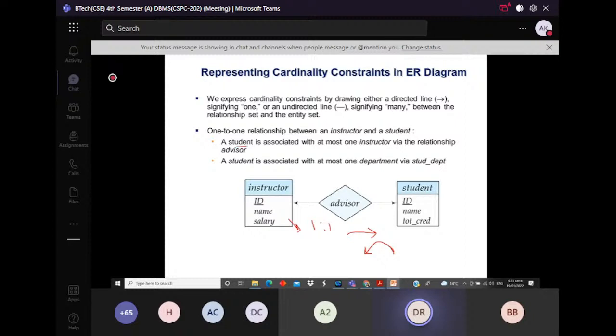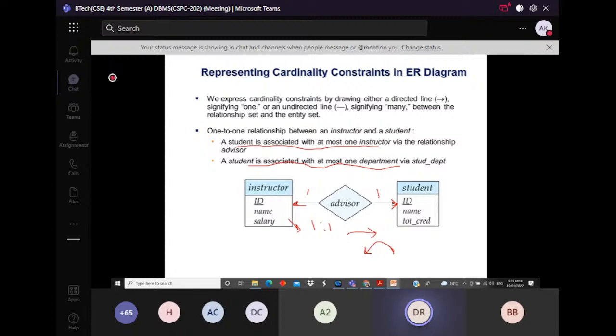You can see here a student is associated with at most one instructor and with at most one department. Whenever you want to represent one to one, this relationship is represented with the help of these arrows. If an arrow is there on both sides, then this relationship is one to one.